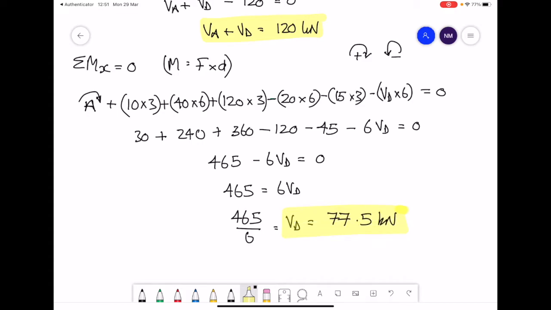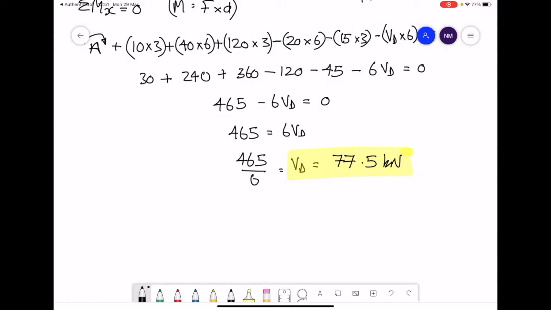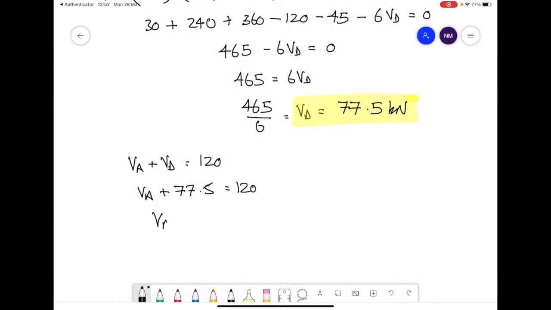Now applying the previous equation, you can see at the top of the page, VA plus VD is equal to 120. Substituting in our value, 77.5, then rearranging this equation, 77.5 goes to the right hand side, we get our other reaction, which is VA is 42.5 kilonewtons.